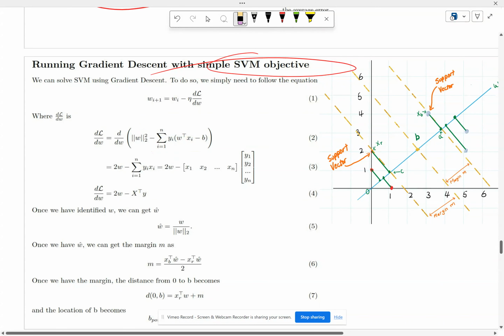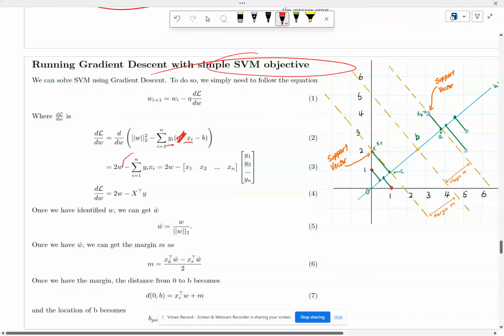Okay, so that's the derivative for this. Now, let's calculate the derivative for this with respect to w. Well, you just cancel it out. It's yi xi. So that's it. This is pretty easy, right? So that's the derivative for the simple SVM case.